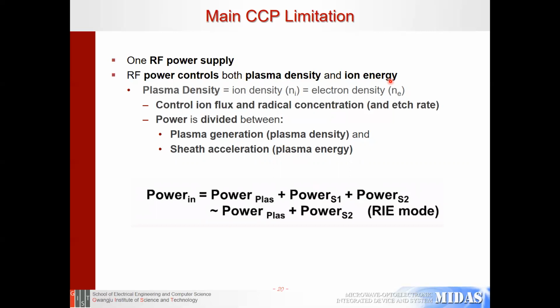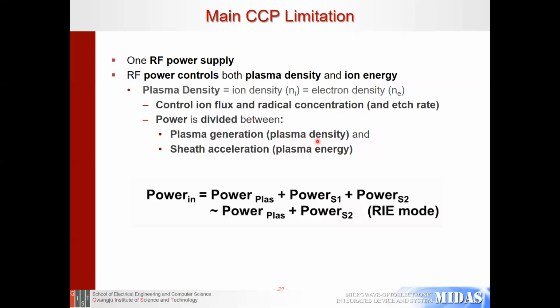So this has to do with, so that means that we have the division of the power. Part of the power goes into generating the plasma, and part of the power goes into the sheath acceleration, basically giving us the ion energy.